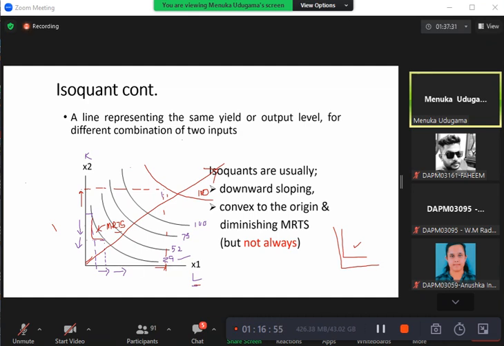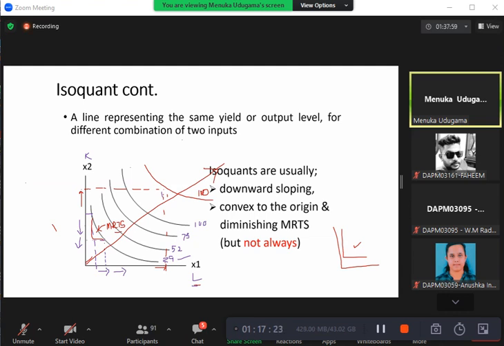Right. So now, as a farmer, as a producer, we want to increase our production. But we are limited, isn't it? We are constrained by two key things. There are so many constraints, but we will only consider two. But here, isoquants are usually downward sloping, and they are convex to the origin.